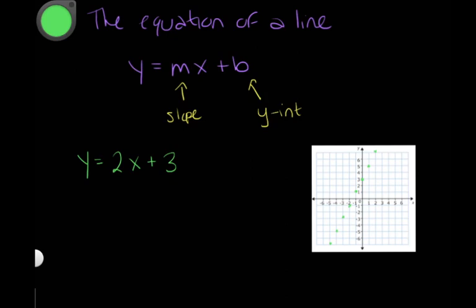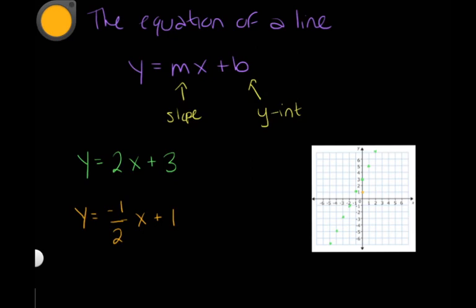Let's do another one. Change the color here. So let's say we've got y equals negative 1 over 2x plus 1. Okay, so this line is going to start at positive 1 on the y-axis. So right here.